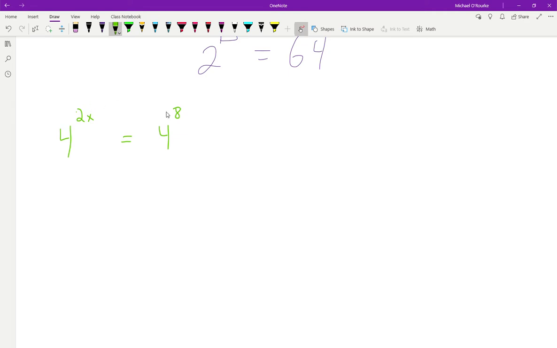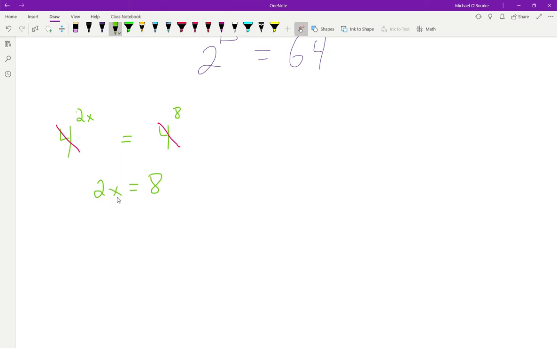So the big thing here is you have to get your bases the same. Once the bases are the same, you can just drop the bases. Because 4 equals 4, so that all equals the same. And then you're just left with 2x equals 8. Okay? And now here, we're solving the equation.